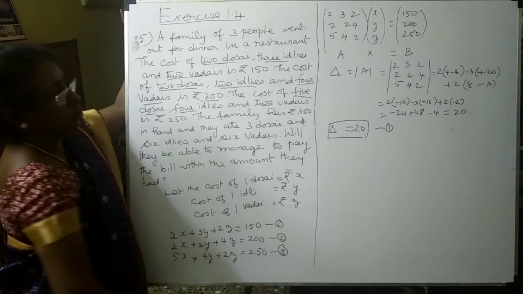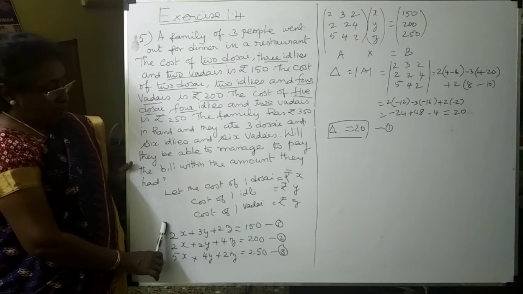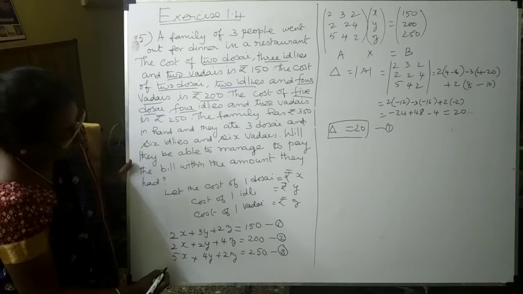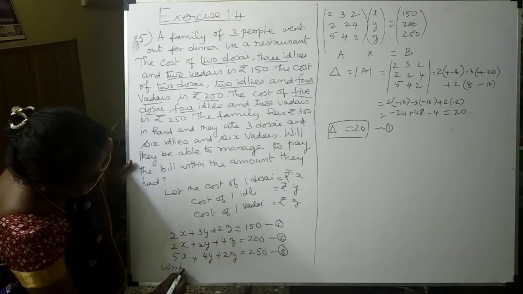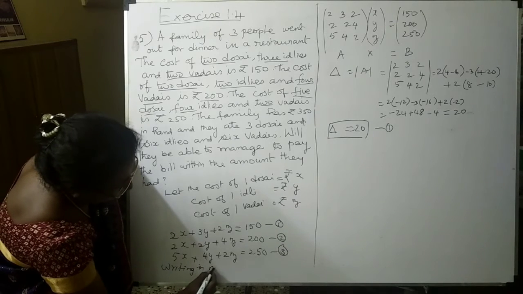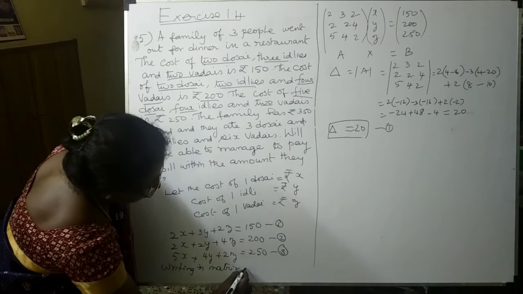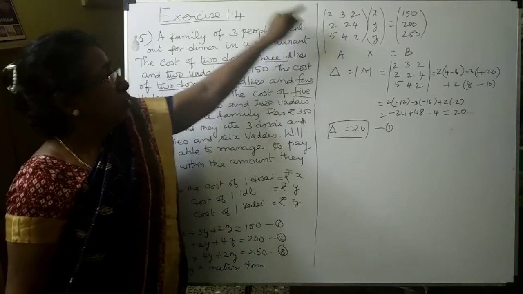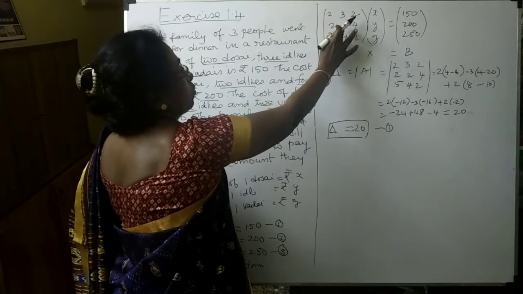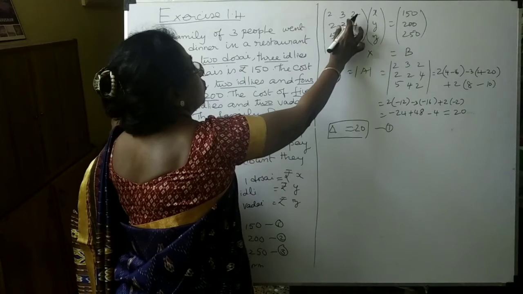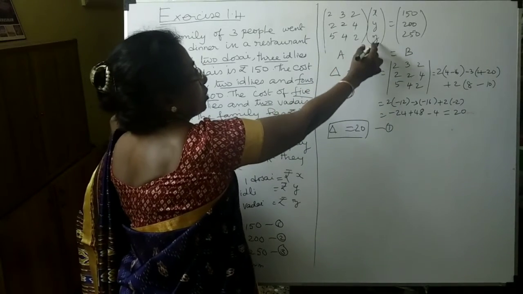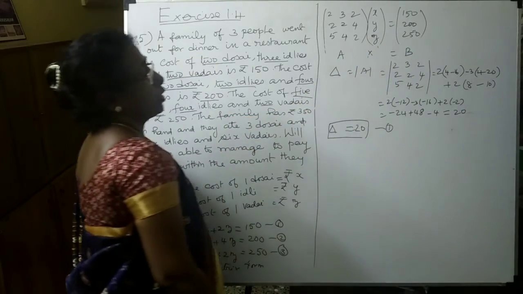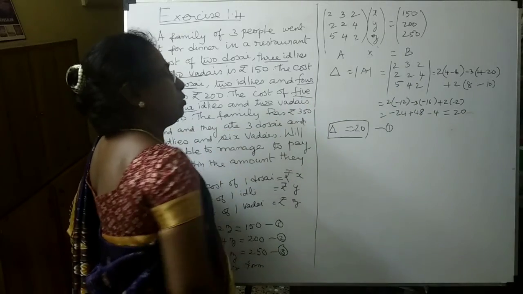Now writing this equation in matrix form, we get the matrix [2 3 2; 2 2 4; 5 4 2] times [x y z] is equal to [150 200 250]. So it is of the form Ax is equal to B.